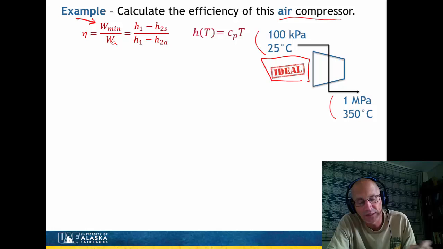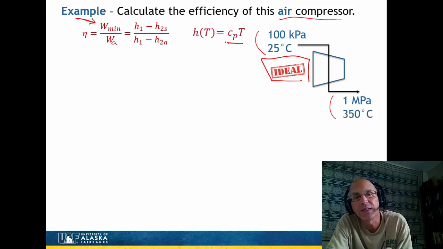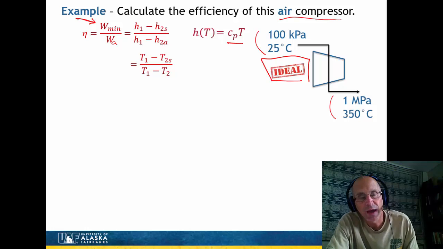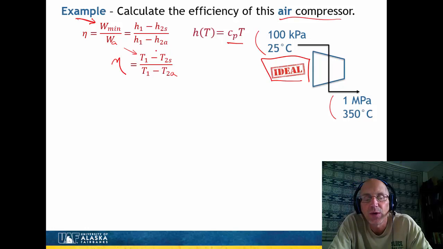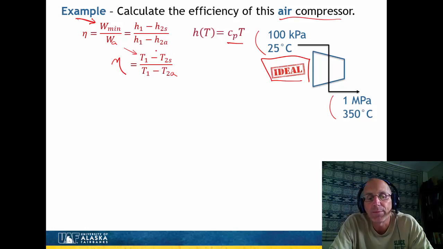In fact, we can say it's simply Cp times T. So if I plug that into my efficiency equation, I can cancel the Cp terms, and now I've got a simple equation just in terms of temperature to find out what my efficiency is. T1 is the inlet temperature, that's given. T2 is the actual temperature, so that would be T2a, that's given. So the only thing I need to find is T2s, the isentropic temperature.